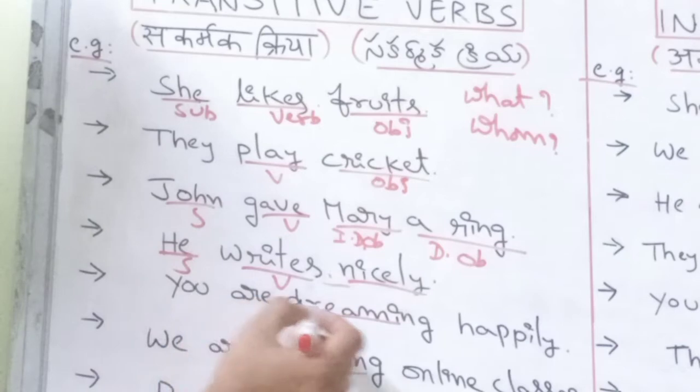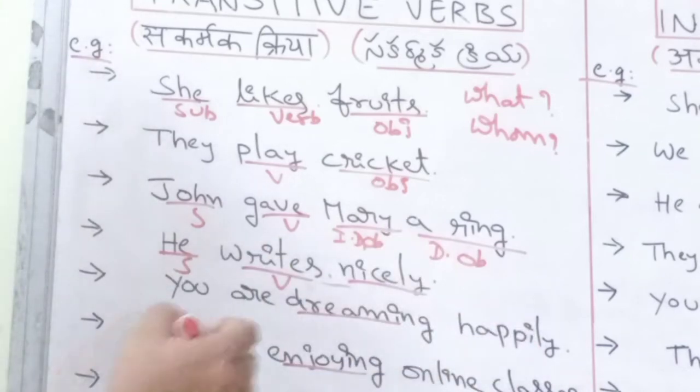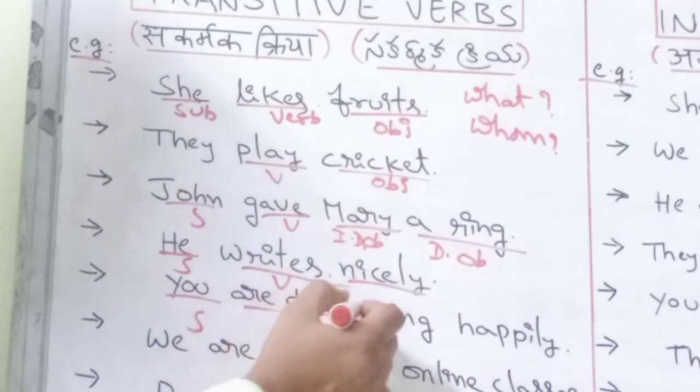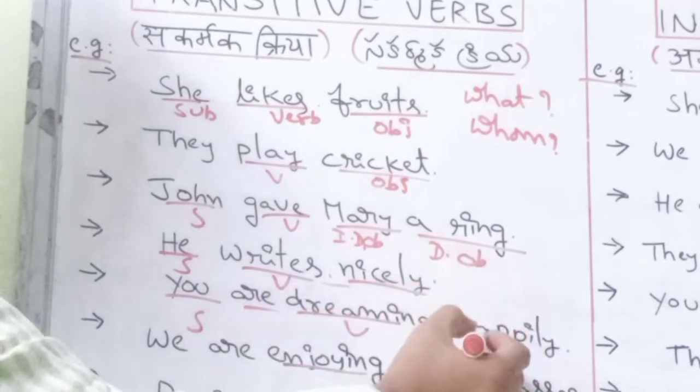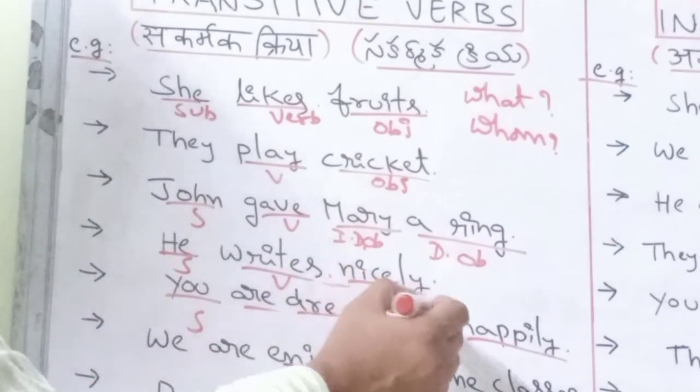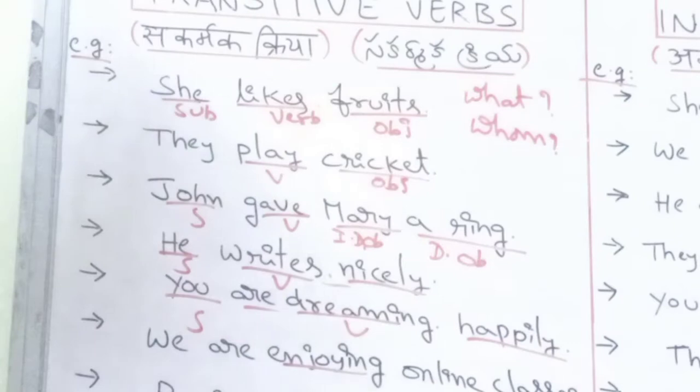Next example: You are dreaming happily. You is the subject, are is the helping verb, the auxiliary verb, and dreaming is the main verb. Happily is an adverb, a different thing. Stop at the main verb and put a question. You are dreaming what? Yes, an answer is possible. Of course, the object is not written on the board, but still the answer can be written.